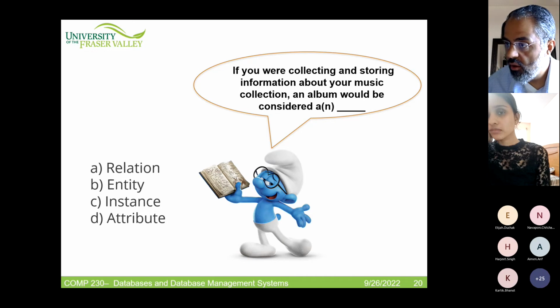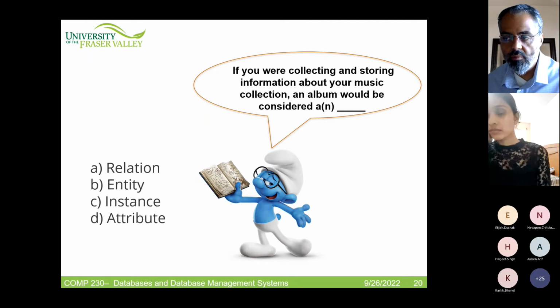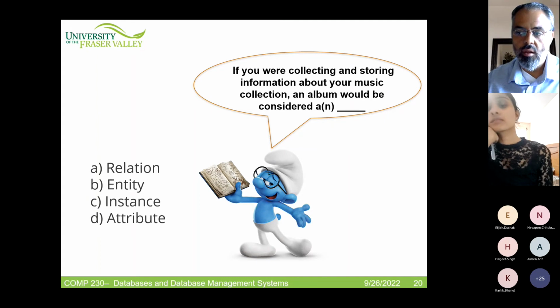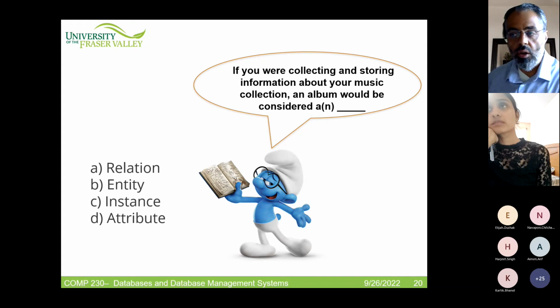It is no longer an attribute because it has its own independent existence using its own attributes. I can say, for example, that I have later saved data for a specific album, like album 1, date of creation is today, it has 12 songs. So now it is an instance.